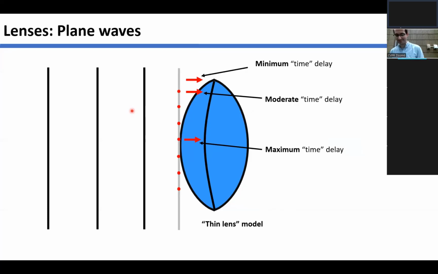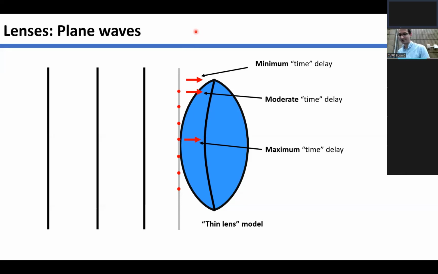So let's just talk about some of these points here. This point near the top is going to propagate through free space longer than this point here. This is going to immediately start going through the glass. So really how I'll start to think about this is the points towards the outside of the lens will have a very, very small time delay, whereas the points that are passing through the thickest part of the lens will have the biggest time delay.